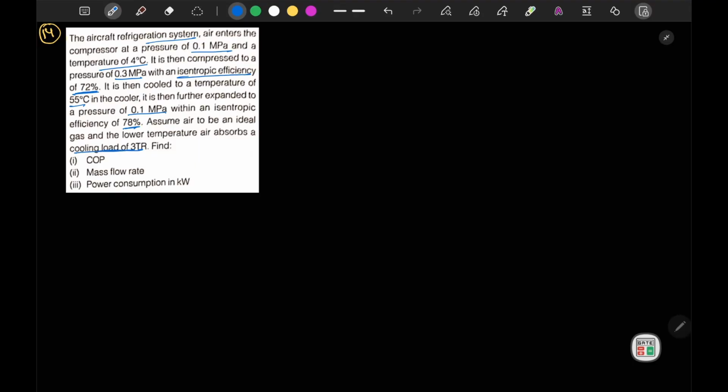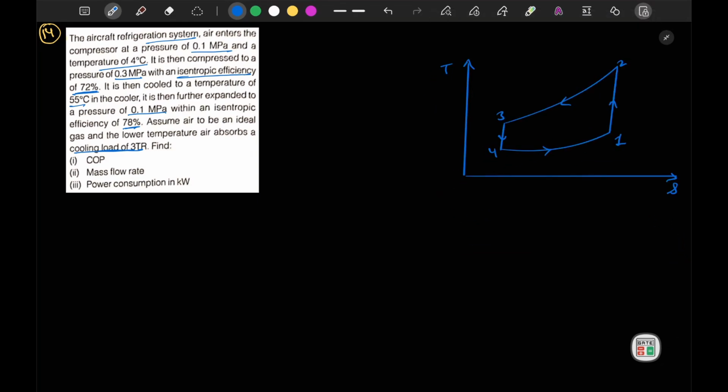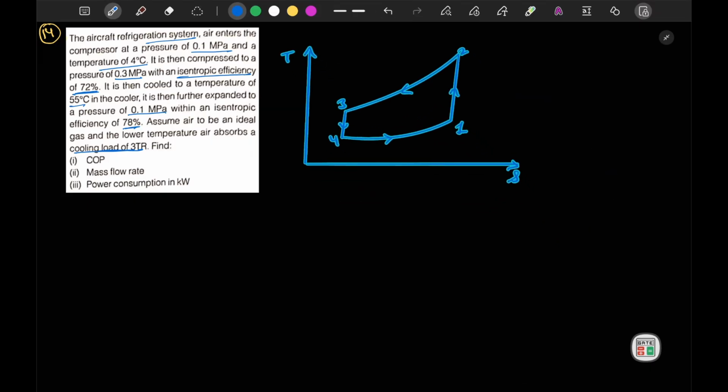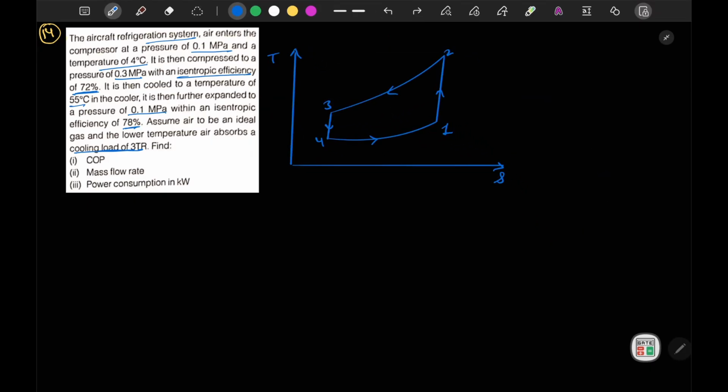So let me first draw the TS diagram. So this here is our basic TS diagram, and what is mentioned here: the compressor inlet is at a pressure of 0.1 megapascal, and T1 is equal to 4 degrees Celsius, that is equal to 277 Kelvin.